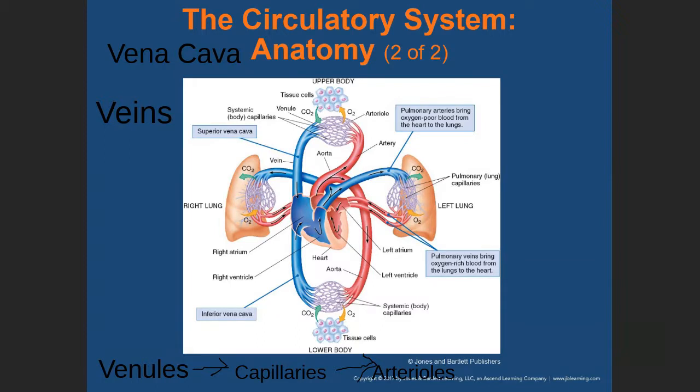The capillary has a high pressure side and a low pressure side. On the high pressure side of the capillary, as the cells move, there is fluid that can be pushed out, right? So when the blood travels through the high pressure side, fluid is pushed out.